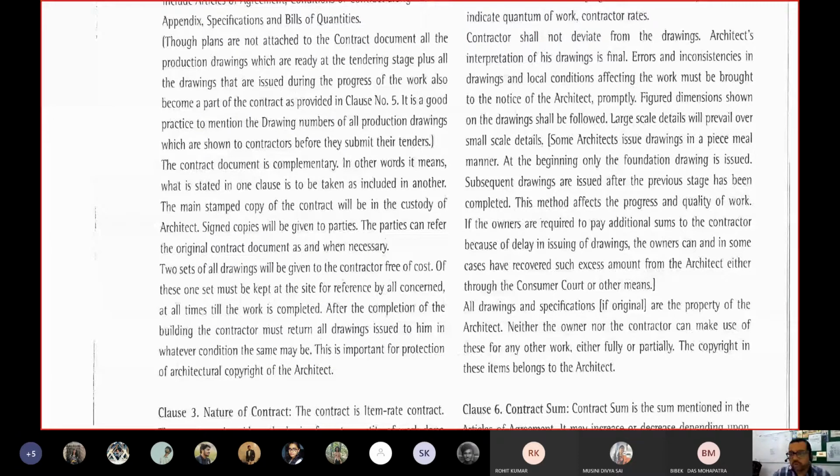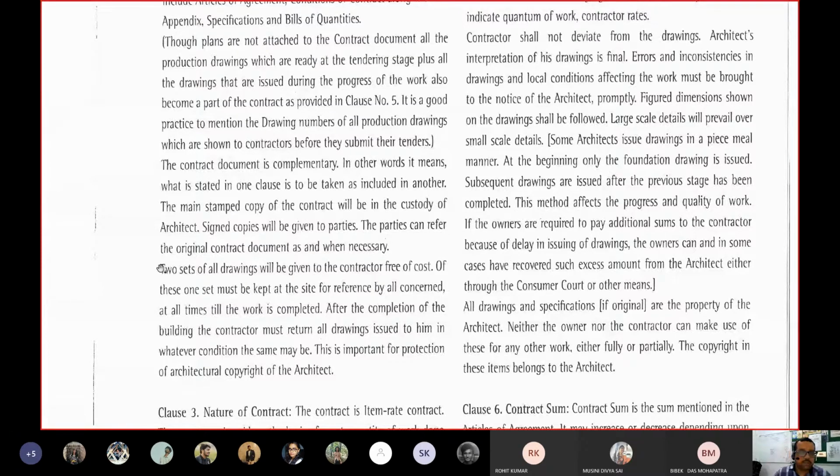But he also gives copies with original signature and stamps, photocopies or signed copies, to the contractor and the client for their record only. And at any point of time, if there is any modification in the copies of the contract, the original contract document can be referred to.